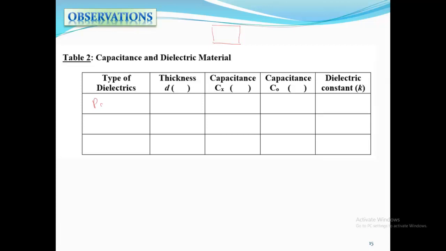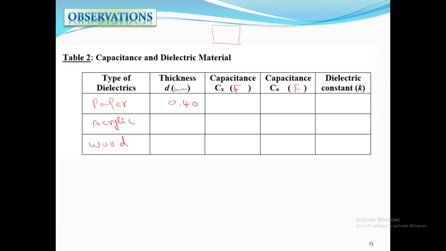First of all, we have paper, then we have acrylic, like glass, transparent material, and then we have wood, khashab. Thickness, for example, I have in millimeter, and capacitance, this is in farad. For example, I have first of all this white paper of this thickness 0.40 millimeter.